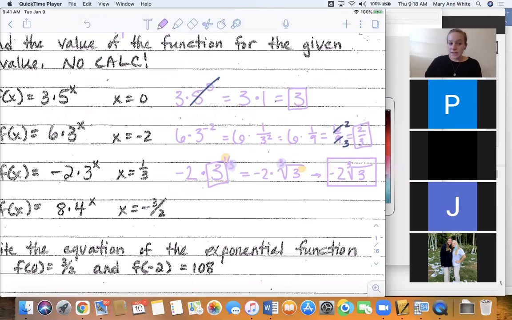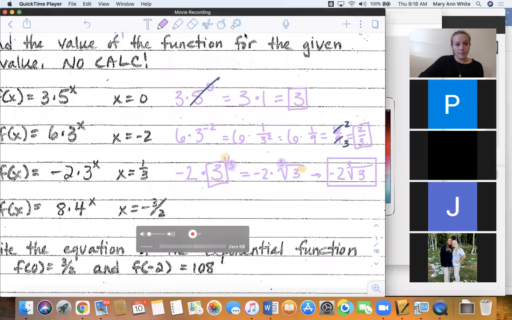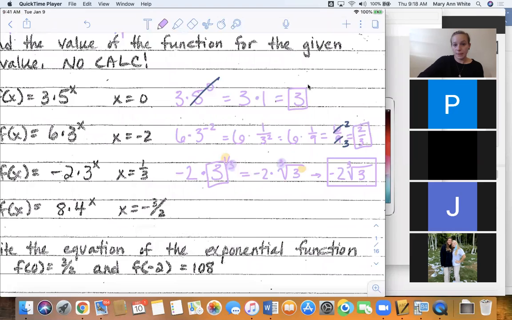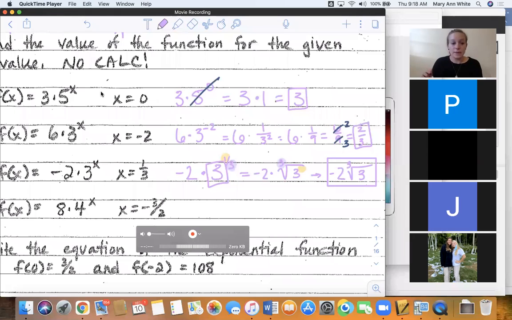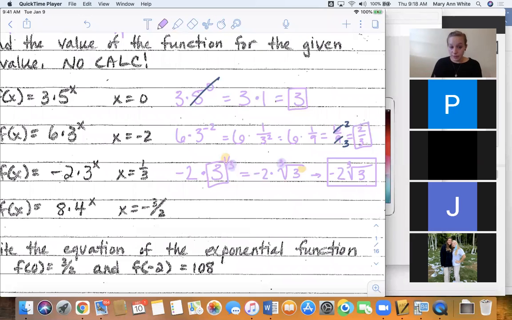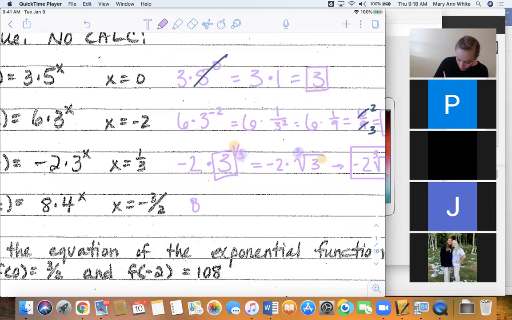The next one is 8 times 4 raised to, in this case, sorry, I can't do 2 things at once, guys. This time it's being raised to the -3/2. So I've got 8 times 4 raised to the -3/2.